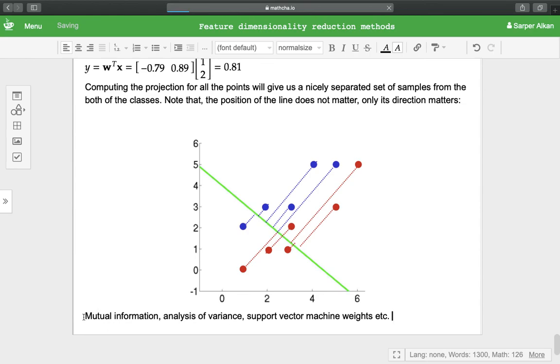These are also useful dimensional reduction methods. Also we have independent component analysis. These are also useful dimensional reduction methods, but we don't cover them in this lecture.